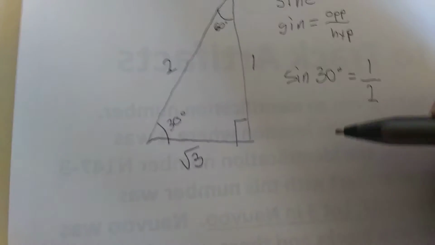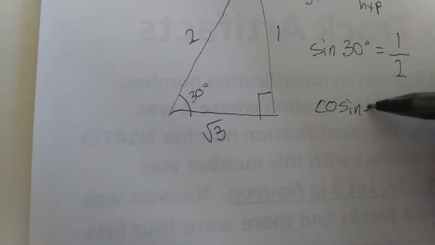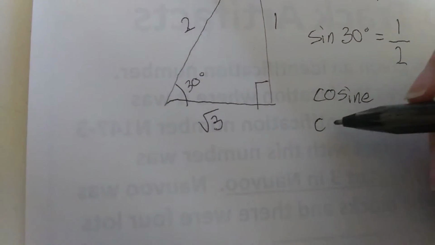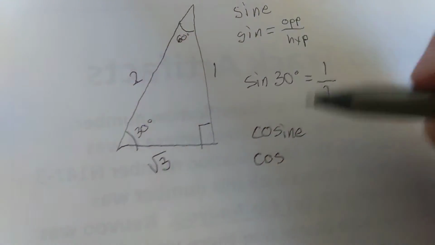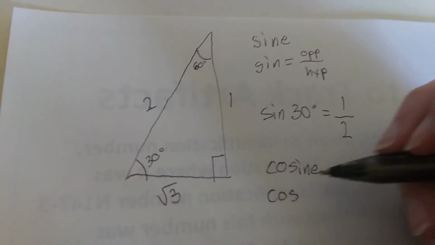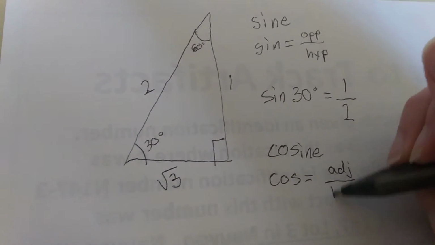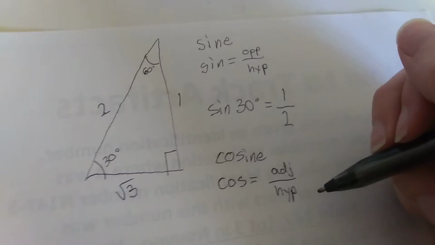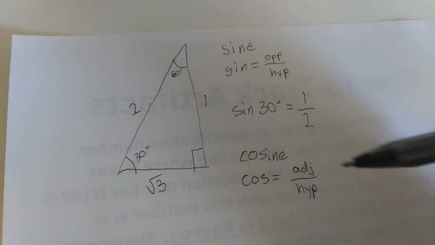So now we're going to do cosine with the same triangle. It's spelled like this, but when you abbreviate, you just put cos. So let's say we want to find the cosine of 30 degrees. Cosine is the adjacent side over the hypotenuse. Adjacent means next to.